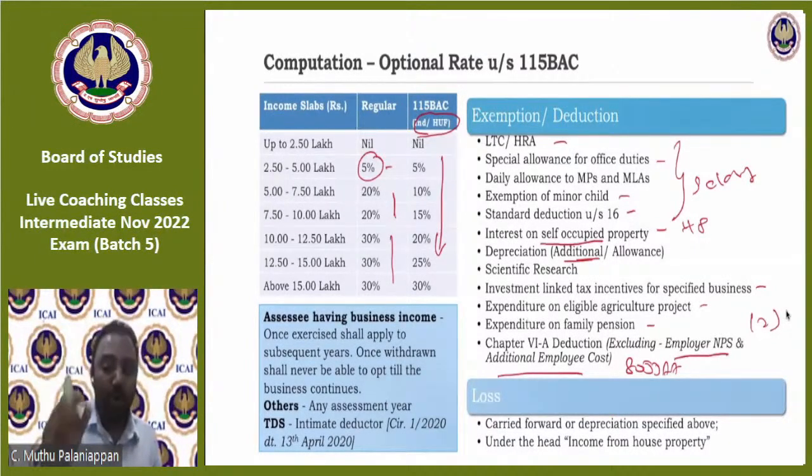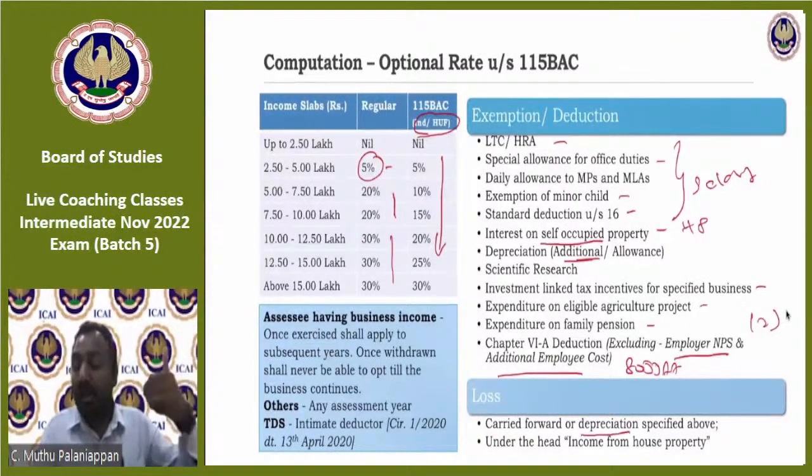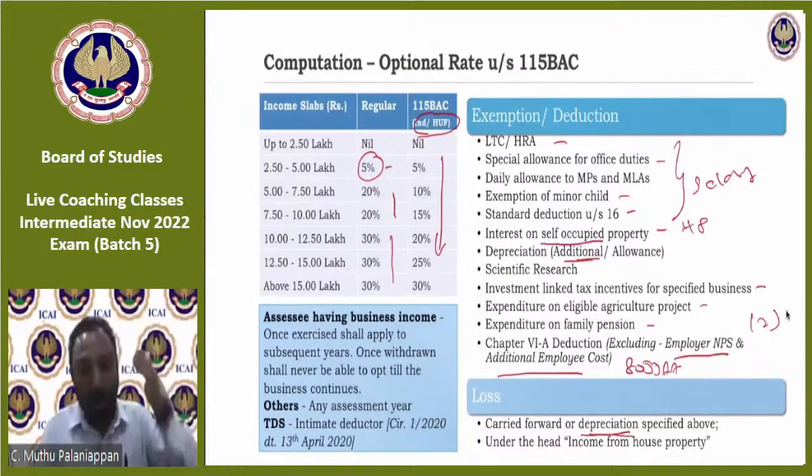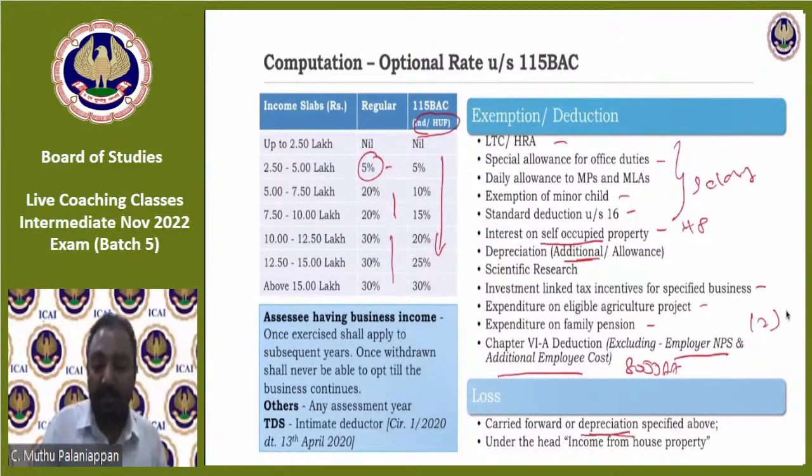Similarly, when it comes to losses, anything related to additional depreciation, if it has been claimed in loss, it is unabsorbed depreciation, which could be carried forward for any number of years. So if you have depreciation loss on additional depreciation, then it is not allowed. Similarly, if you have self-occupied property interest as a loss that is being carried forward, that is also not allowed.